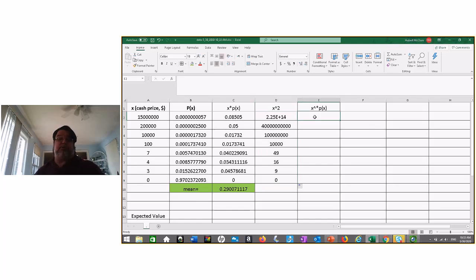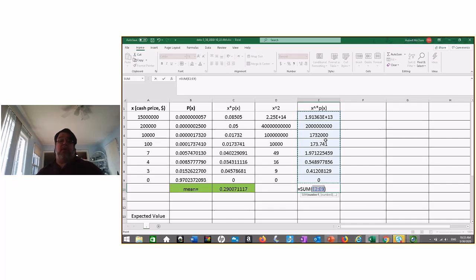And equals x squared times p of x. And add that up. That gives you that number. And then minus, so I'm going to go over here and put standard deviation, or variance.